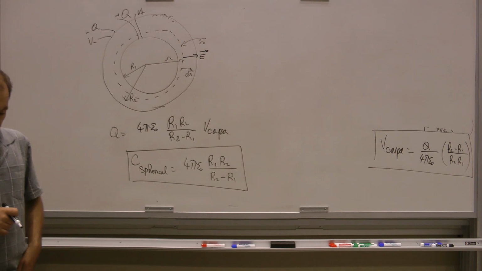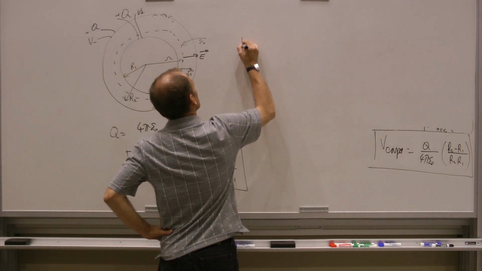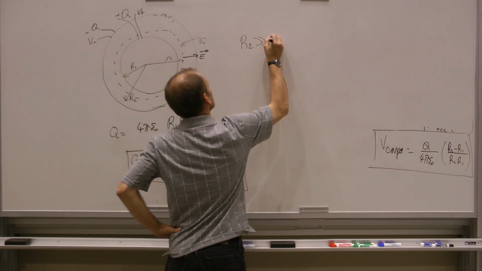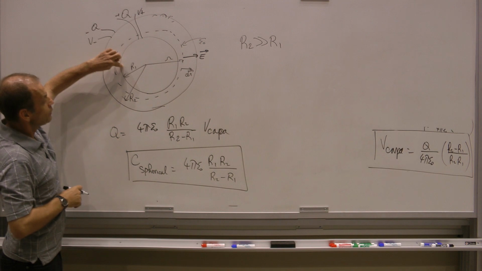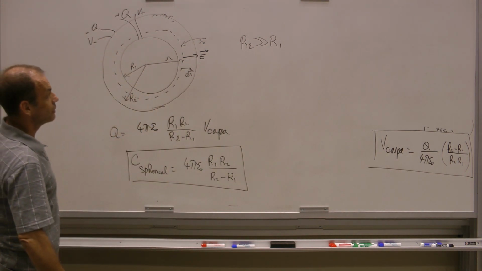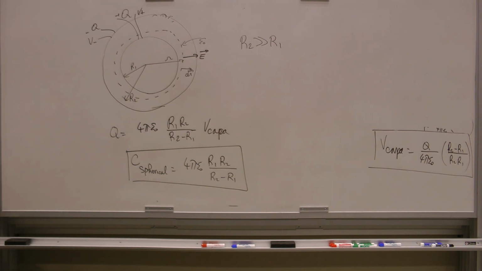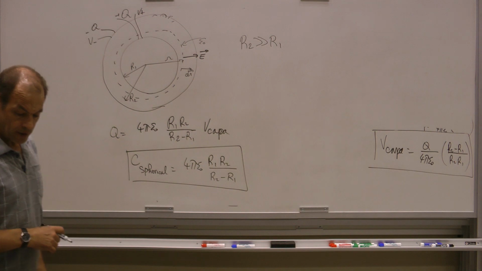What happens when R2 is much larger than R1? R2 much greater than R1. So that means that for a given inner sphere, the outer sphere has a much, much larger radius than the inner sphere. Well, we can check what happens in that formula.